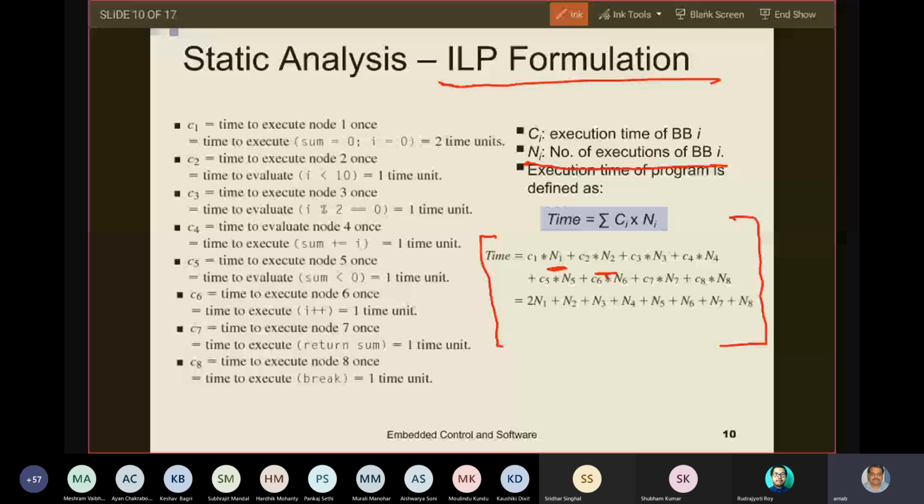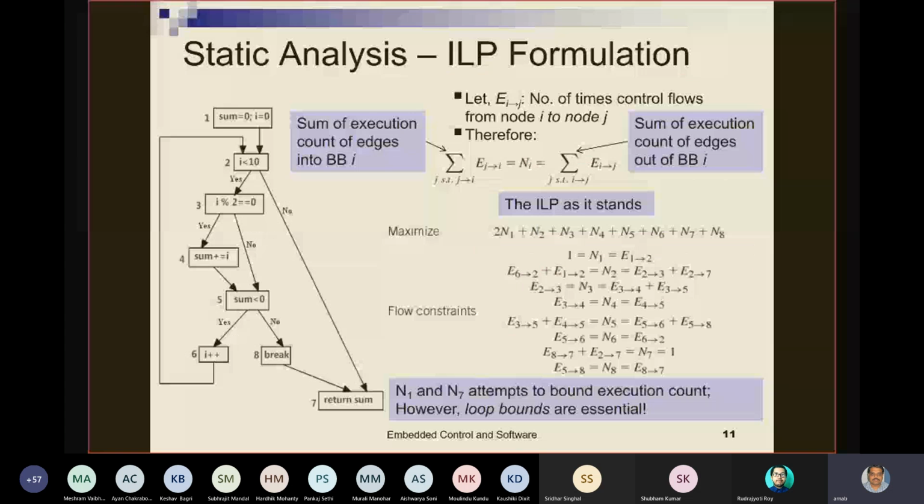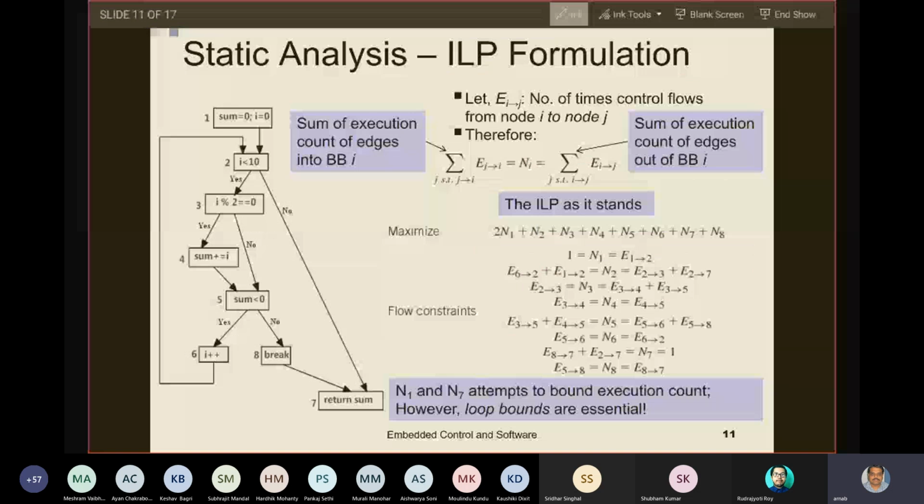Now, given this, your decision variables are N1, N2, N3, and so on, and hence your objective function to the ILP becomes what? Your objective function becomes 2N1 plus N2 plus N3 plus N4 up to N8. Why?